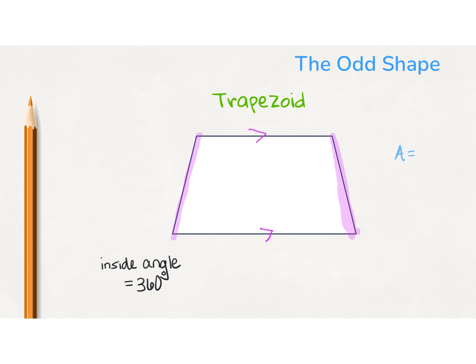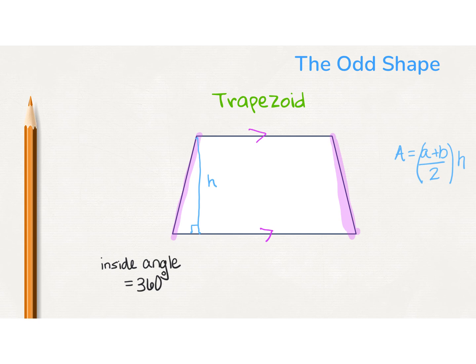So the area of the trapezoid has a unique formula. It is A plus B divided by 2, and then you take all of that once you have finished that and you multiply that by h, the height. So what does that mean? Well, just like in the parallelogram, when you drop straight down from the corner to the base and cause it to be a perpendicular line making a 90-degree angle, just like we did before, that is what we refer to as the height of the trapezoid.